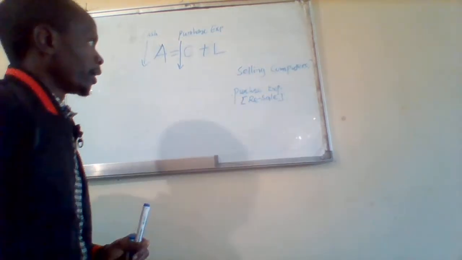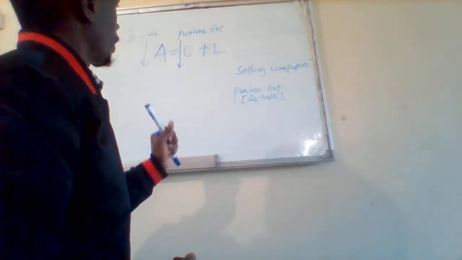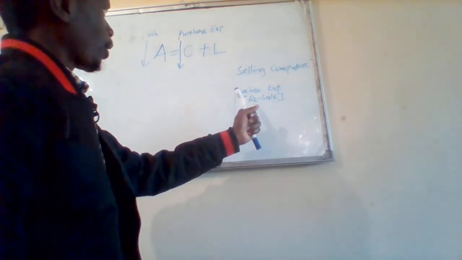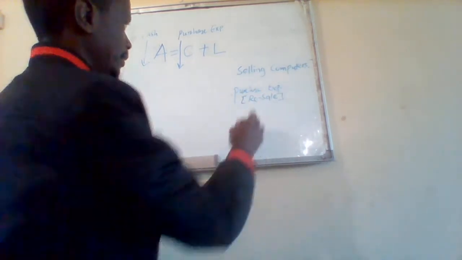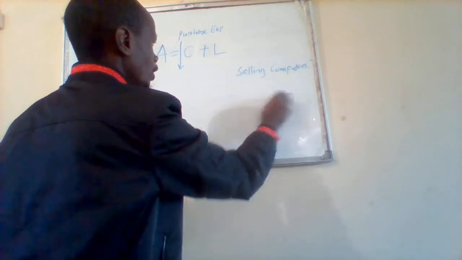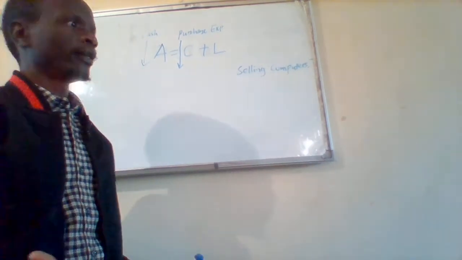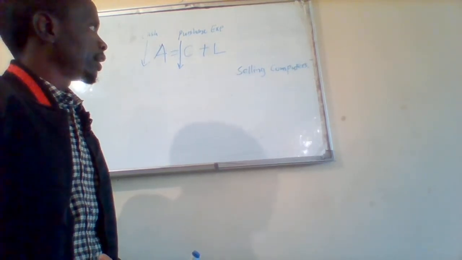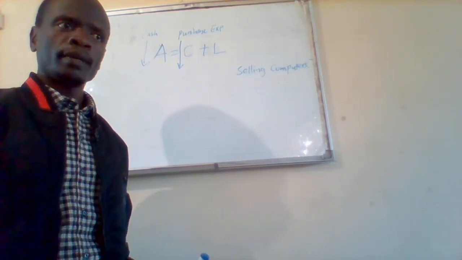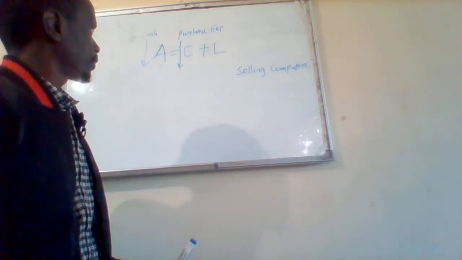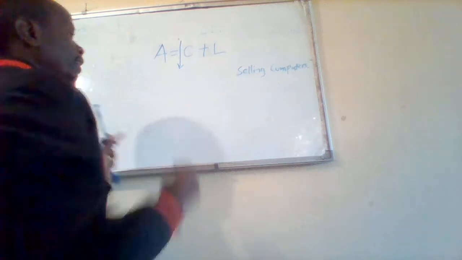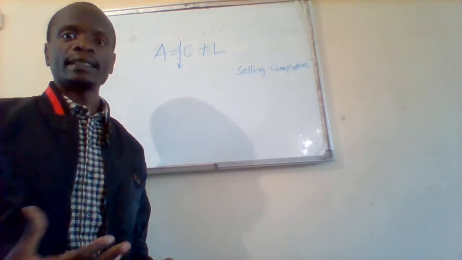Okay. Now, what about buying a computer on credit? You buy a computer on credit from Safaricom or from S&S or from any other shop. Now, if you buy on credit, then it means you will pay later.